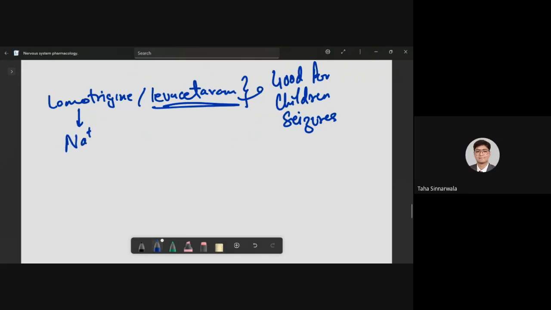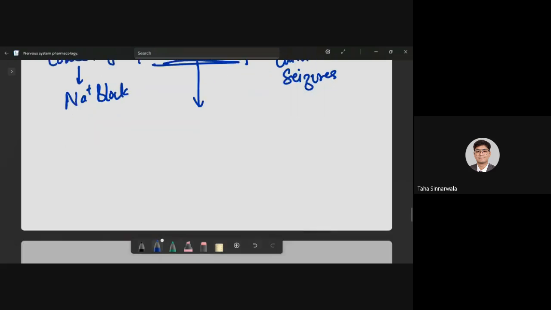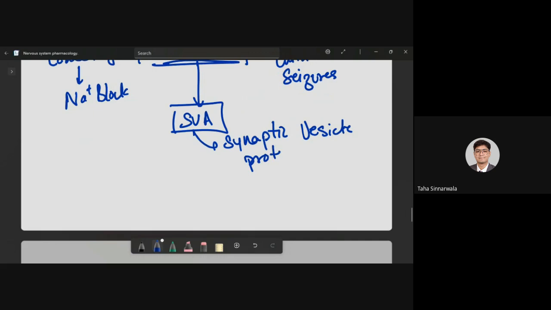So lamotrigine blocks sodium, and levetiracetam is different because it blocks something called SV2A, synaptic vesicle protein A.